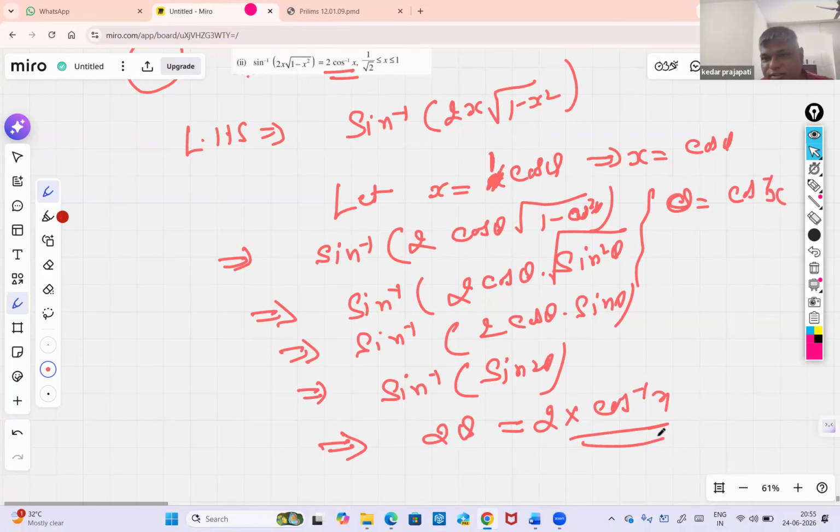Understand the trick which they are testing us on. In the exam, a child will fail thinking: sir, I'm putting x equal to sin theta and x equal to cos theta, and the same answer is coming. But this statement changes. So when you're finding theta, it will come in the form of cos inverse x.